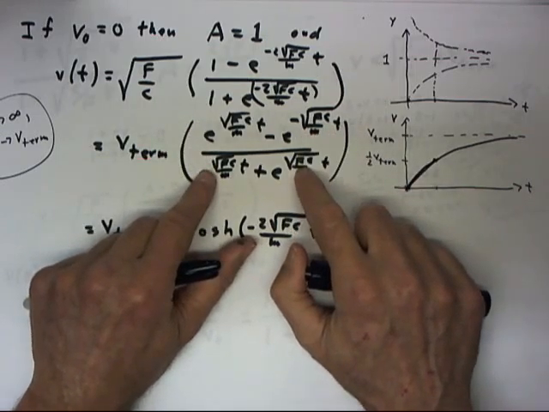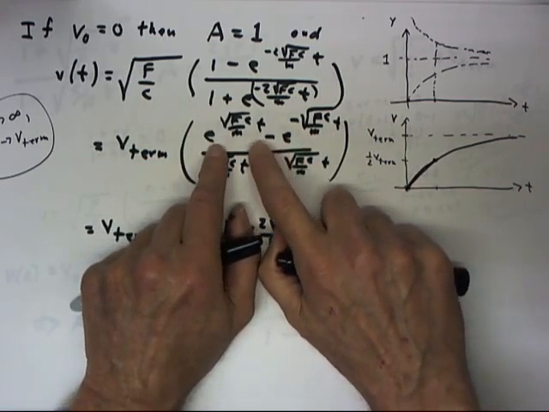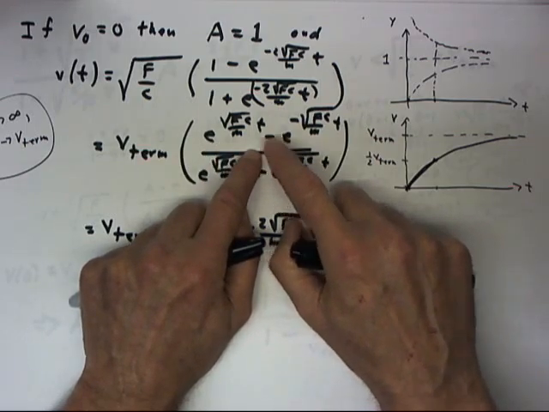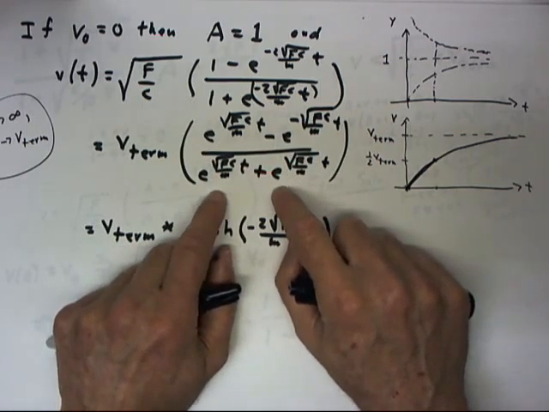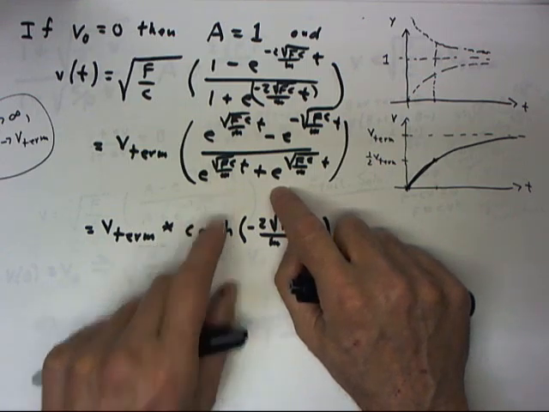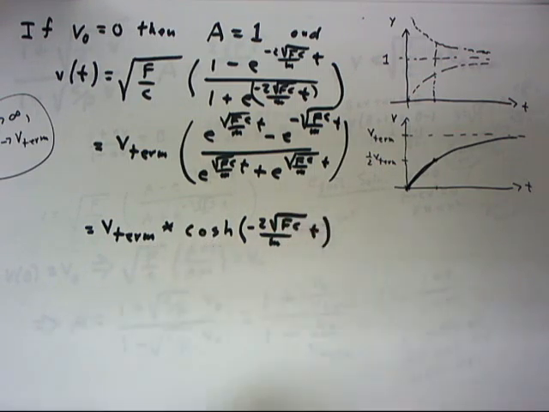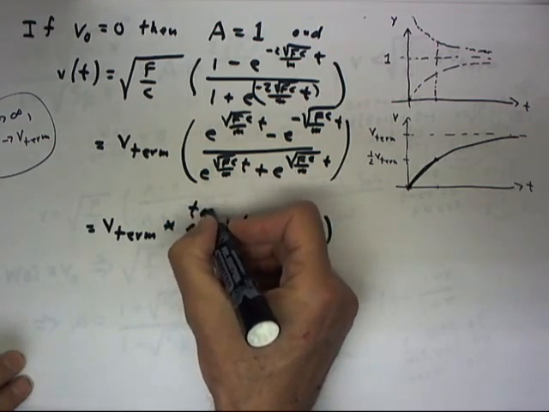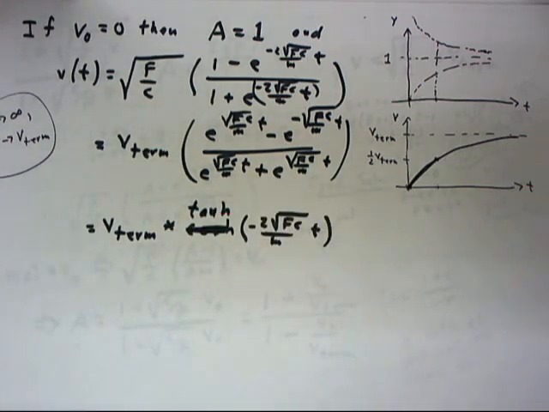And this numerator function divided by 2 is our hyperbolic sine function. The denominator divided by 2 is a hyperbolic cosine function, so that what we have here, and I've written it wrong, it's not the hyperbolic cosine, is the hyperbolic tangent function.